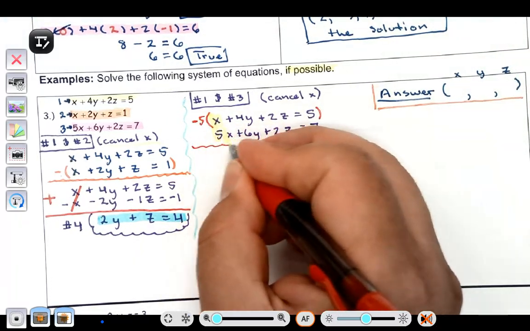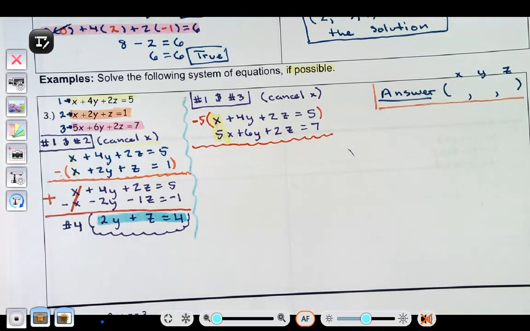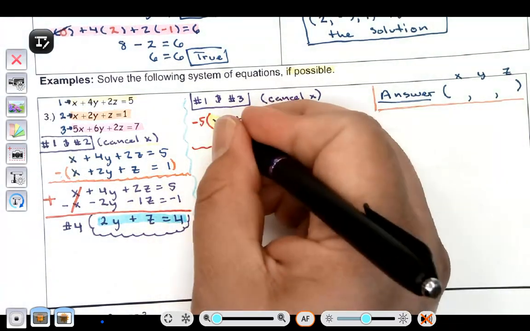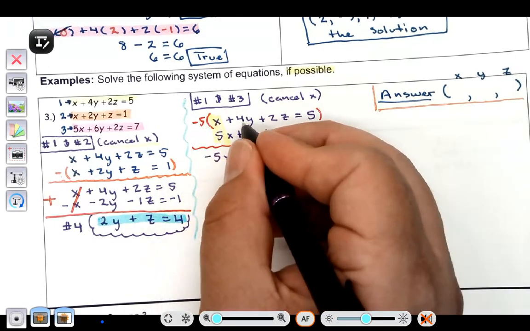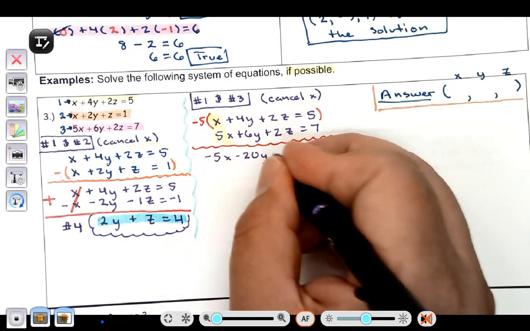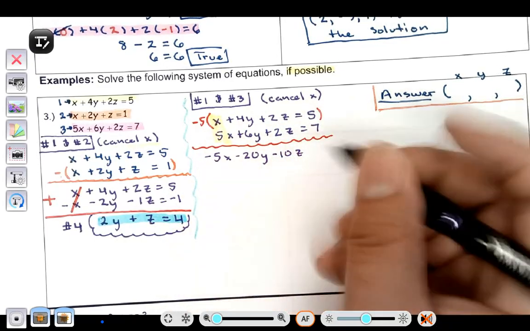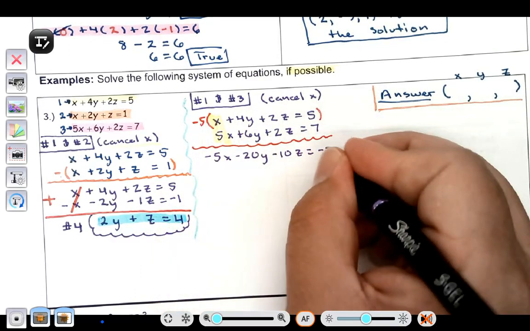I want these to cancel. All right, so I'm going to rewrite it, not an equals, I'm just rewriting. Negative 5 times x, negative 5x. Negative 5 times 4, negative 20y. Negative 5 times 2, negative 10, with a z, of course, equals negative 5 times 5, which is negative 25.